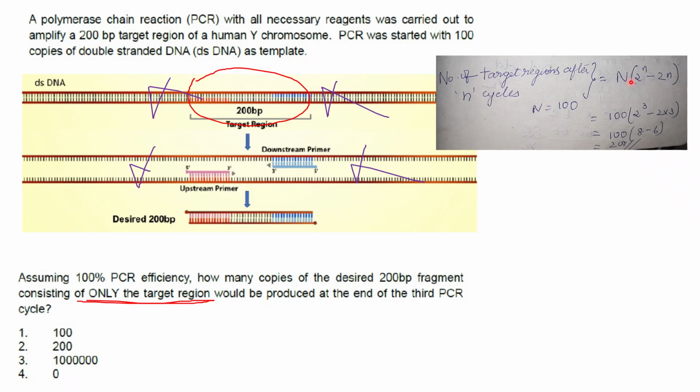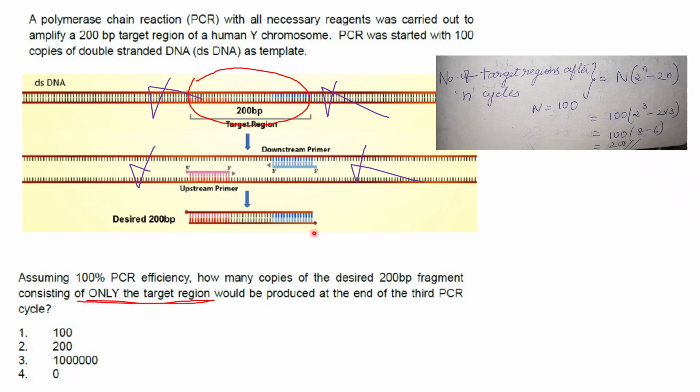Small n is your number of cycles. 2 raised to n means the total DNA copies: some amount of template DNA, the intermediates, which have the target DNA sequence flanked by a small piece of your double-stranded DNA, as well as the desired product, that is your 200 base pair fragment.